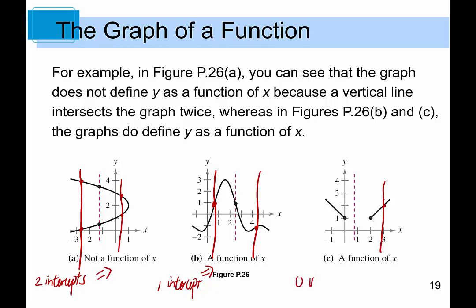So 0 or 1 intercept also means it's a function. The maximum number of intercepts you can have to qualify as a function must be 1 or less.